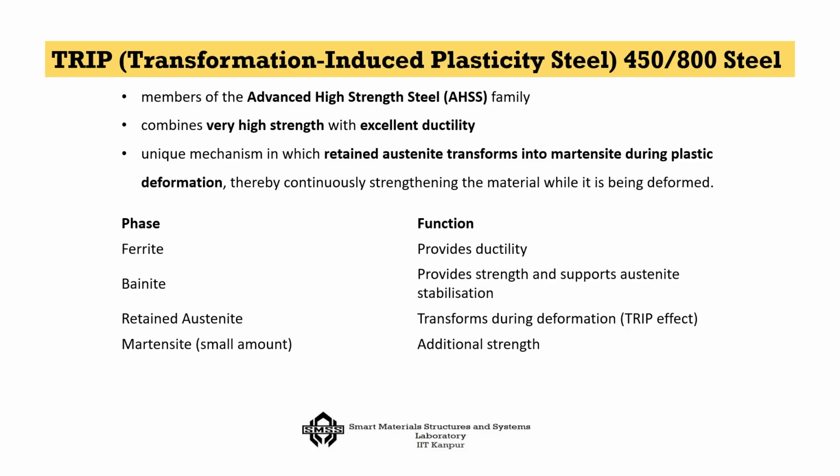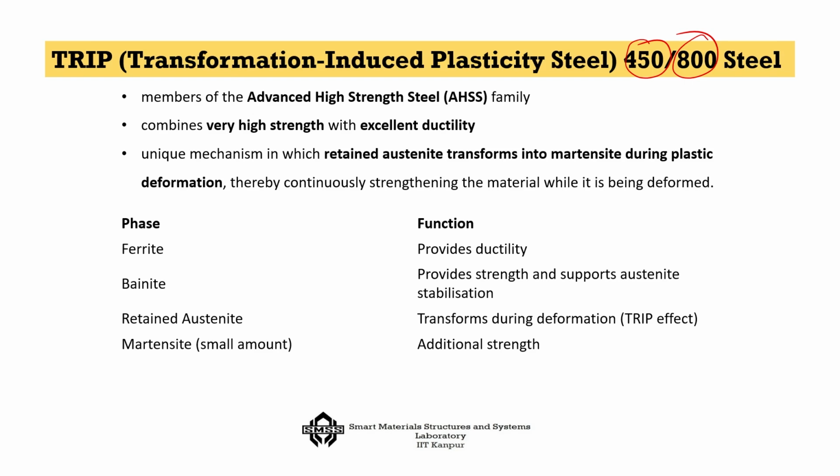Another important steel that has come up from the DP is the TRIP steel. TRIP stands for transformation induced plasticity steel. That also has two groups, 450 MPa and 800 MPa, lower strength and higher strength.